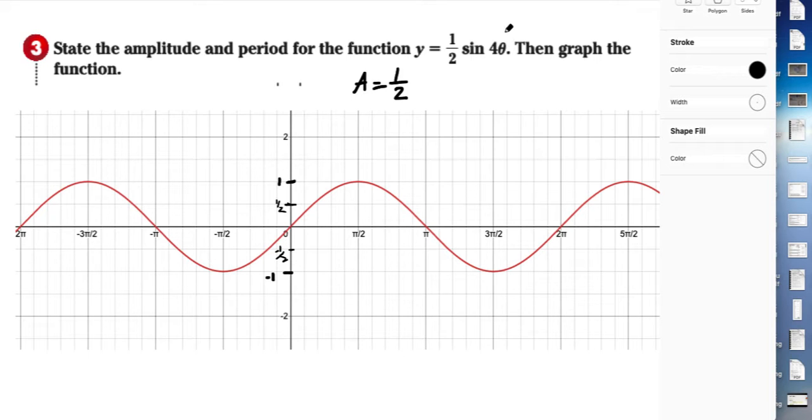All right, so now we know 4 theta is going to give me information about what the period is. And so I know that the period is given as 2 pi divided by that k value, which is 4. So now I know that everything is going to happen for this function at 1/2 pi. At 1/2 pi, the whole thing is going to be done.